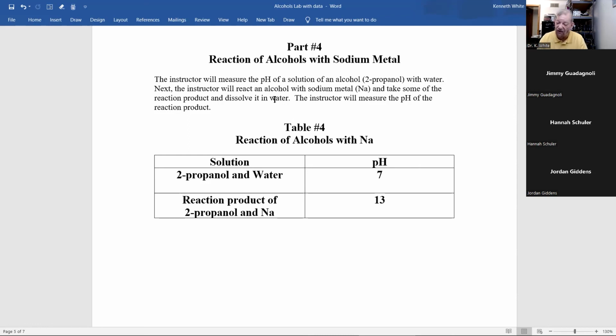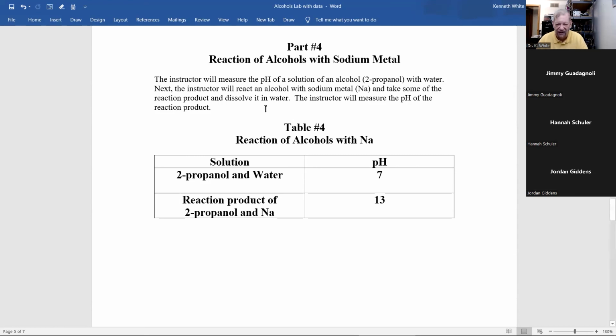Remember, pH is always measured in an aqueous solution, and measure the pH. Actually, what I do is stick the pH paper in there and show it to the students, and I ask for volunteers. I give them points for anybody who volunteers. I say, what's the pH? And they get it right.